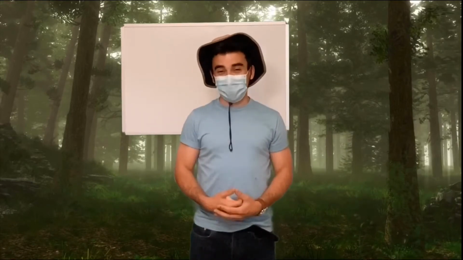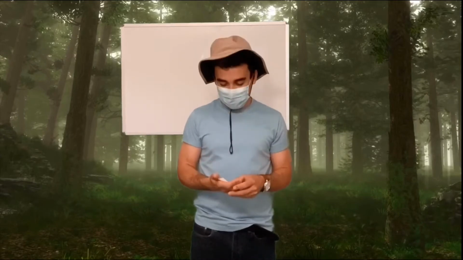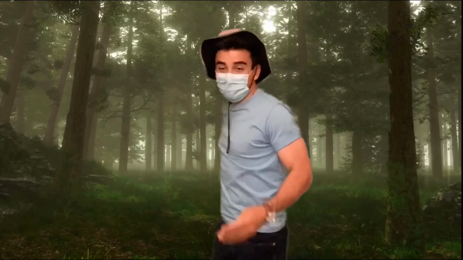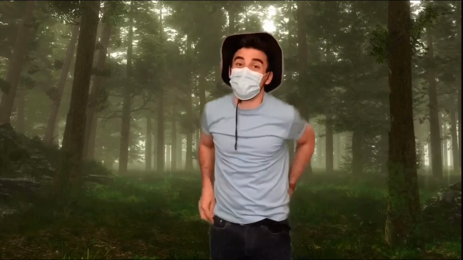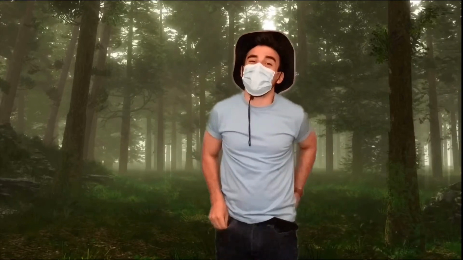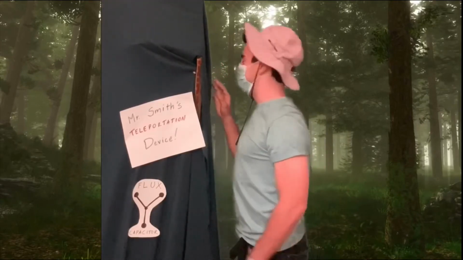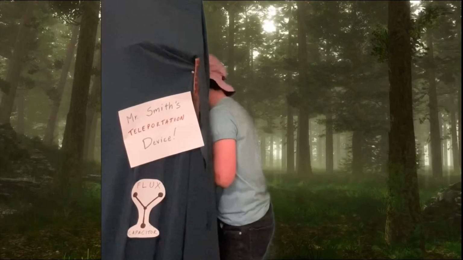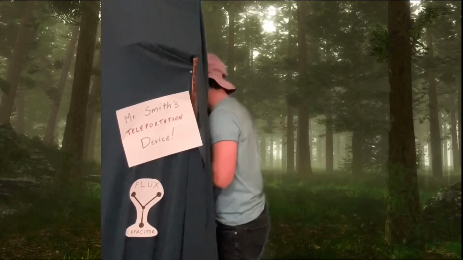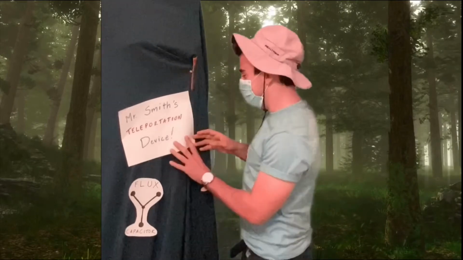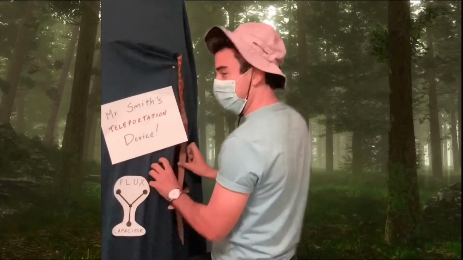Well, looks like we're going to South America. Let me pack this up. All right. Now, don't want to lose this clue. Activate the teleportation device. Let's enter in the coordinates. Amazon rainforest. See you guys there. If I can open the door.